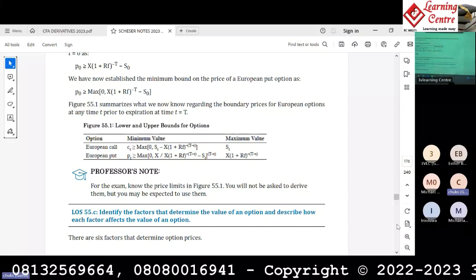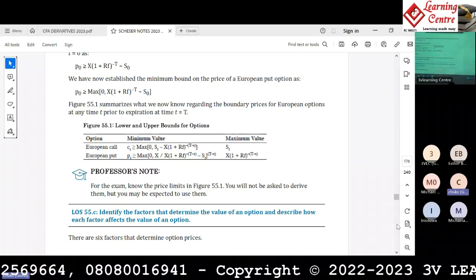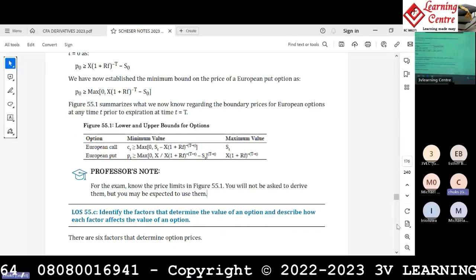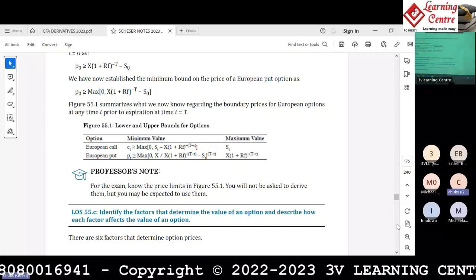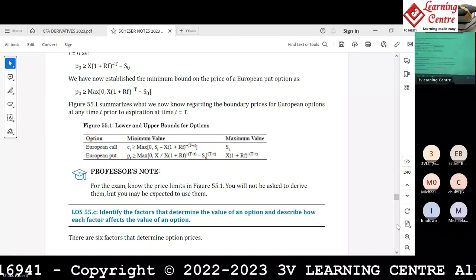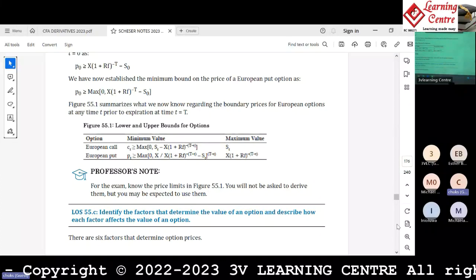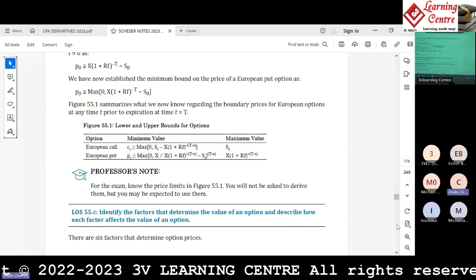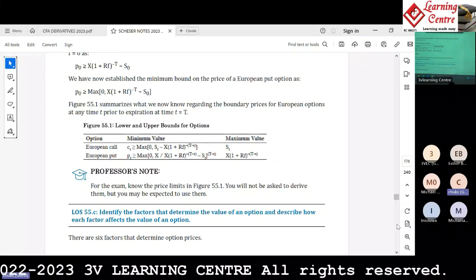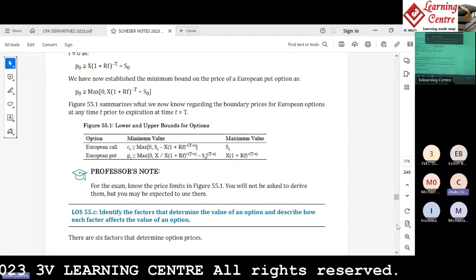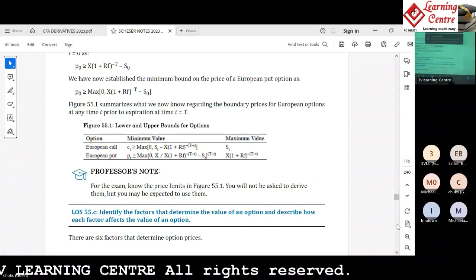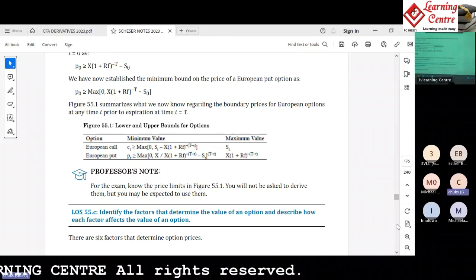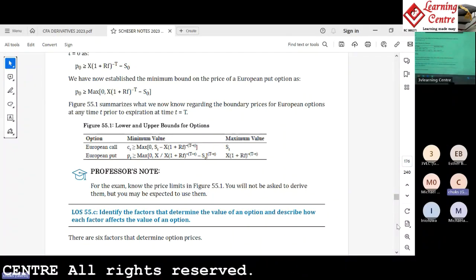The put is the right to sell something. Do I have the right to sell an item for $20? I will only exercise that option if the price outside is less. But if the price is more, I will not exercise it at all.